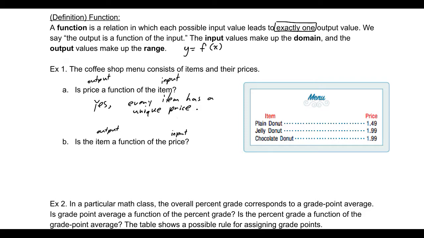The two prices we have here are $1.49 and $1.99. $1.49 has an item that uniquely is assigned to it. However, $1.99 does not. There are two different items with that same price. So no. $1.99 has no unique item.